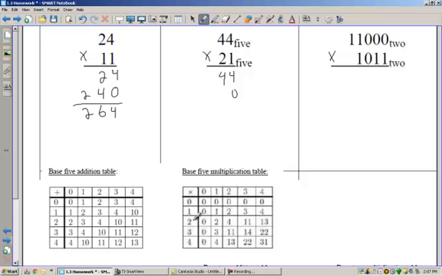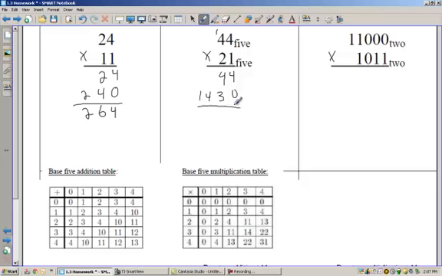So I look for 2 times 4, and it's 13. So I write a 3, and I carry the 1. And then again, 2 times 4, you can look again, it's still going to be 13. And when you add 1 to 13, you get 14. And as long as you don't cross that 5 threshold, you'll be just fine.